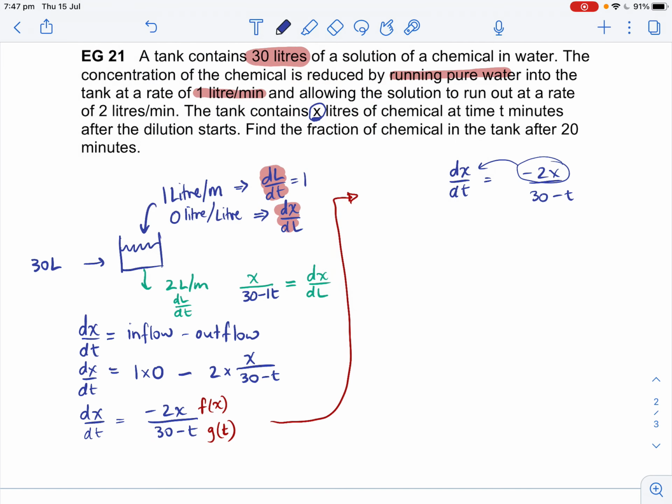But look at the difference now. If I make this negative 1 over negative 2x, dx/dt, and on this side I leave it as 1 over 30 minus t, and find the integral of both sides with respect to t, then we can see now my dt cancels out and I'm just left with dx.